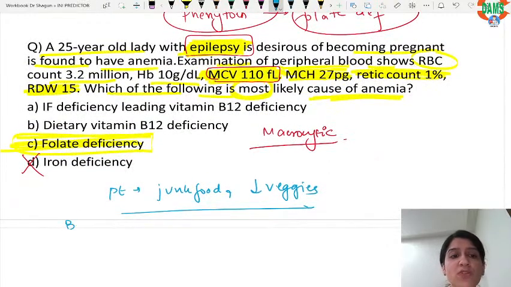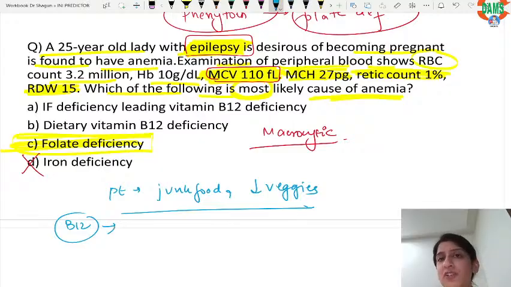But if the question wants to ask about B12 deficiency, what can be the classical MCQ scenario? Say for example, they can give you a history that the patient is a classical vegan. Vegans have B12 deficiency, and they can also give you classical hyperpigmentation of knuckles.